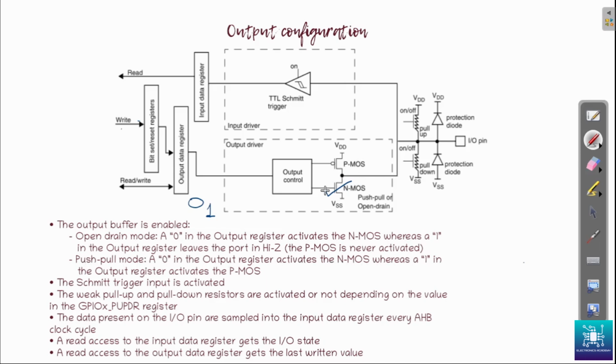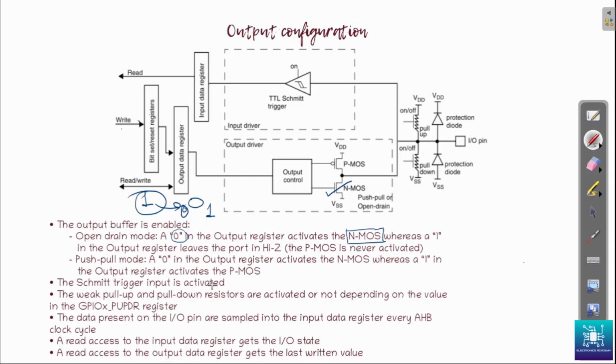So 0 activates the NMOS and a 1 activates the PMOS. So this is the push-pull configuration. So there is a difference between the open drain mode and push-pull mode. Here we are activating only the NMOS. Okay. And here we are activating the PMOS.